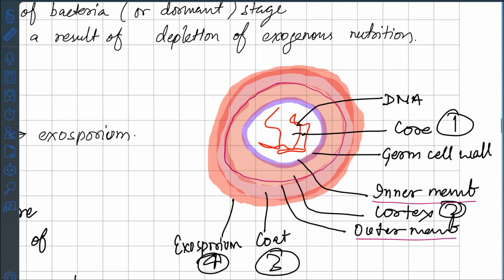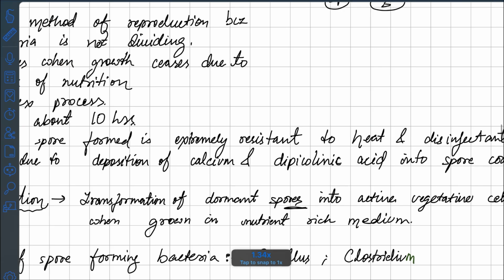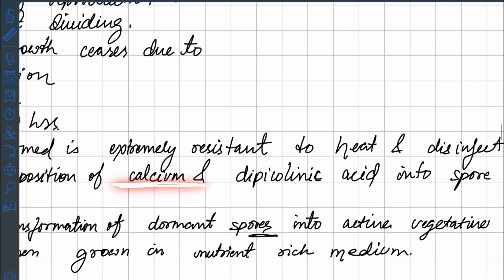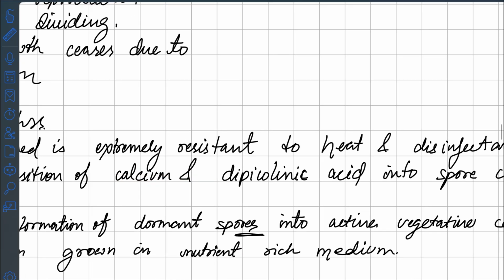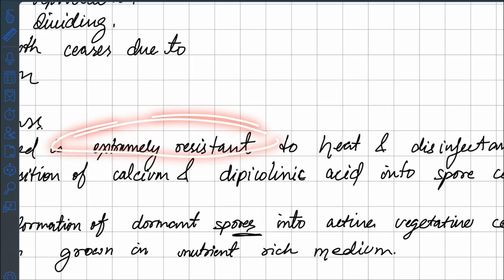So in this cortex, there is deposition of calcium and dipicolinic acid. Calcium and dipicolinic acid, these are the two substances which make the bacterial spore extremely resistant. Please remember, it can be asked in MCQ.